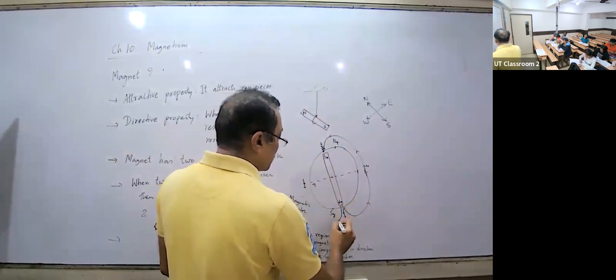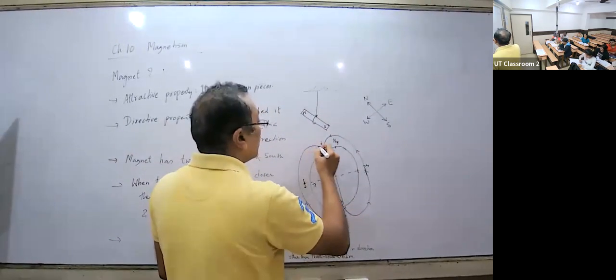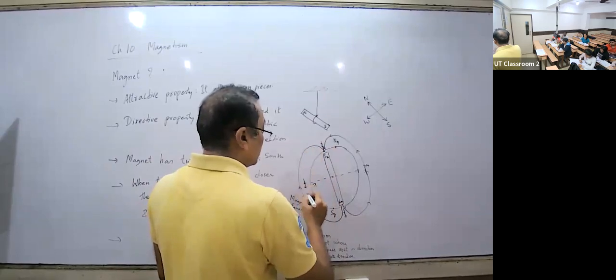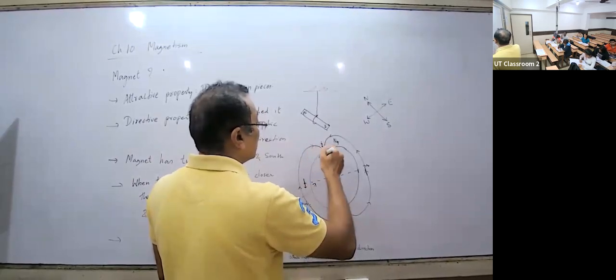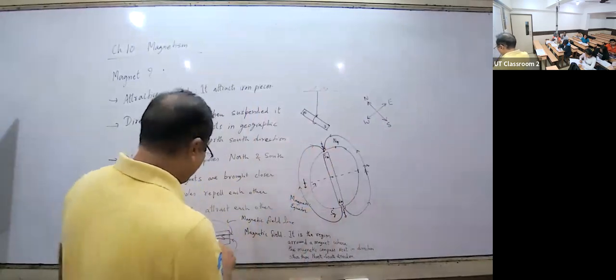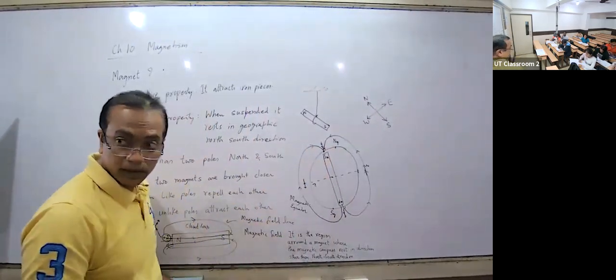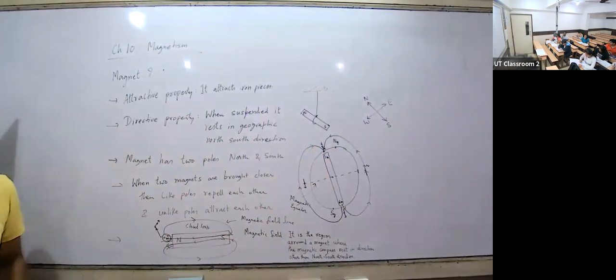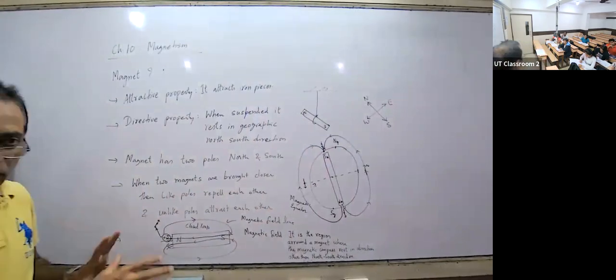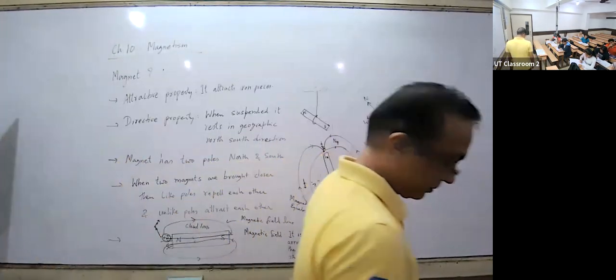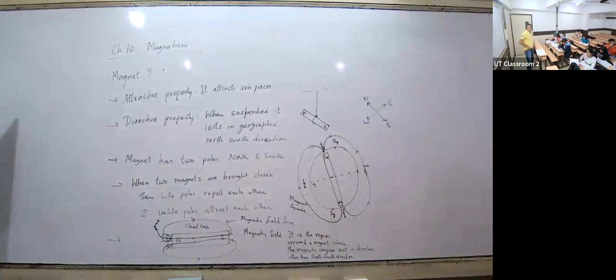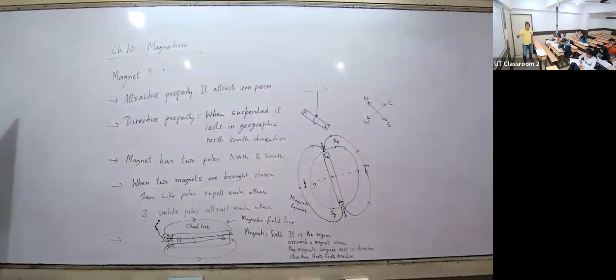So it comes from the geographic south pole of Earth and enters here. So that means when the field lines are entering, this must be Earth's south pole. You got it? So too many things I have told you in one slide. So take some time to absorb all this and ask me if there is any clarification required.